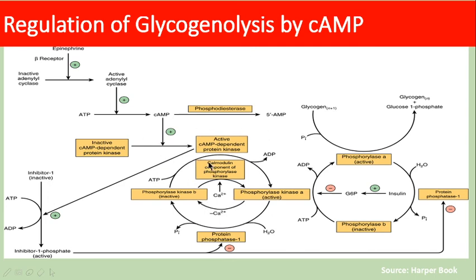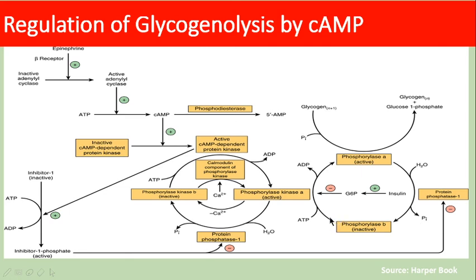So how will protein kinase help in this phosphorylation? It will phosphorylate the phosphorylase kinase, which in turn converts the inactive form of glycogen phosphorylase into the active form of glycogen phosphorylase. So glycogenolysis will take place. Glycogen will be converted into glucose 1-phosphate and glucose.